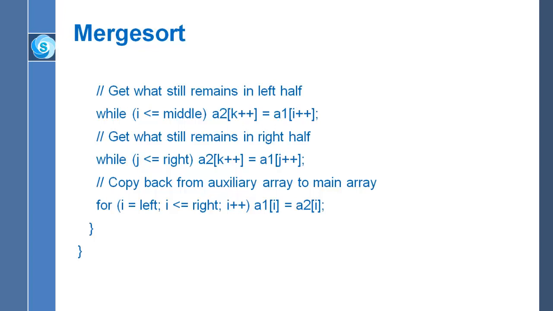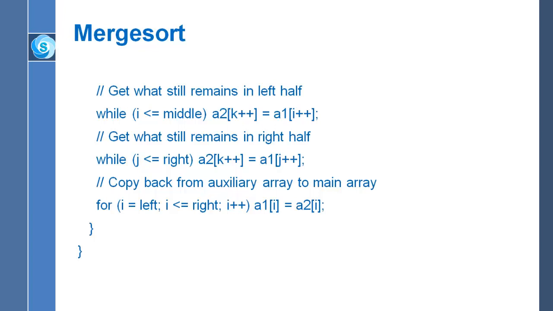All right? So it's basically saying if we're not done, if we haven't yet copied stuff from the first half into the auxiliary array, we'll take care of that now. This while loop will guarantee that anything not yet copied from the first half will now be copied from the first half into the auxiliary array. Okay?